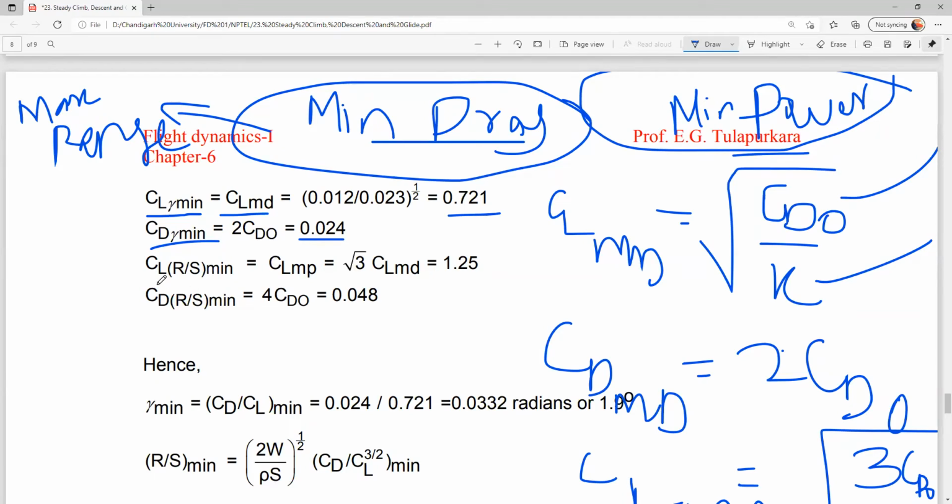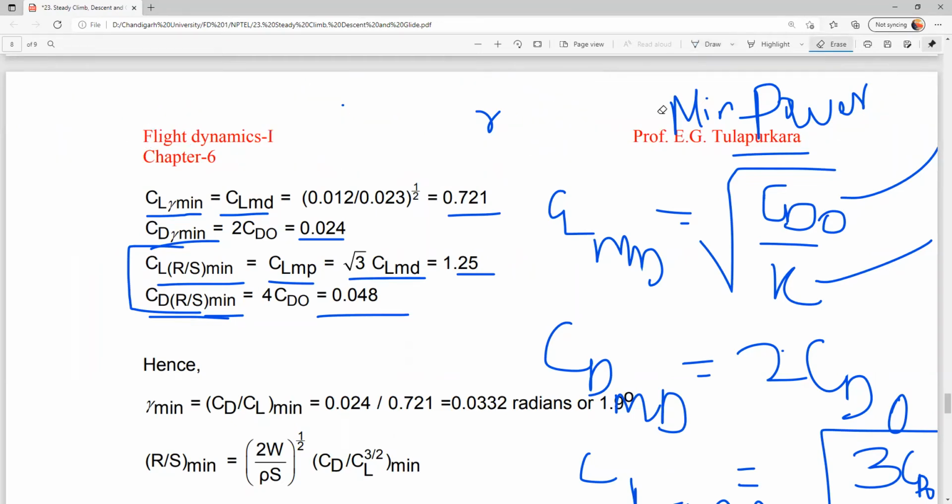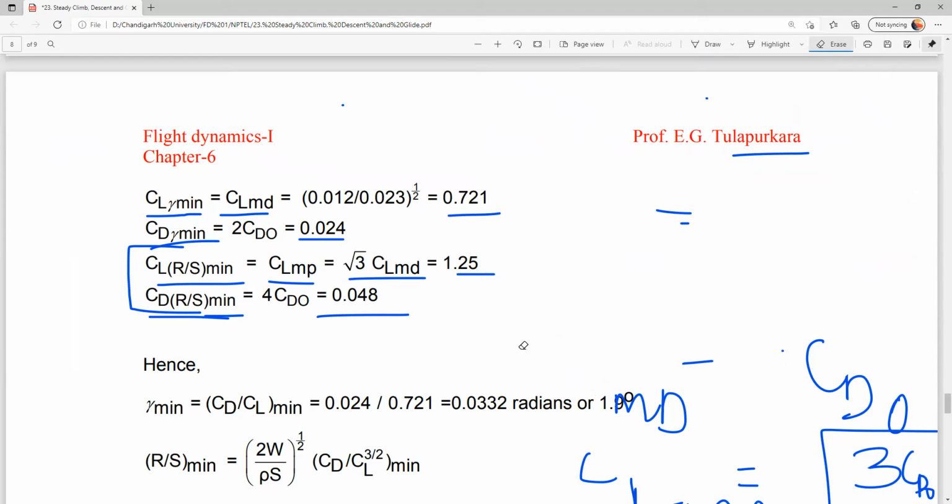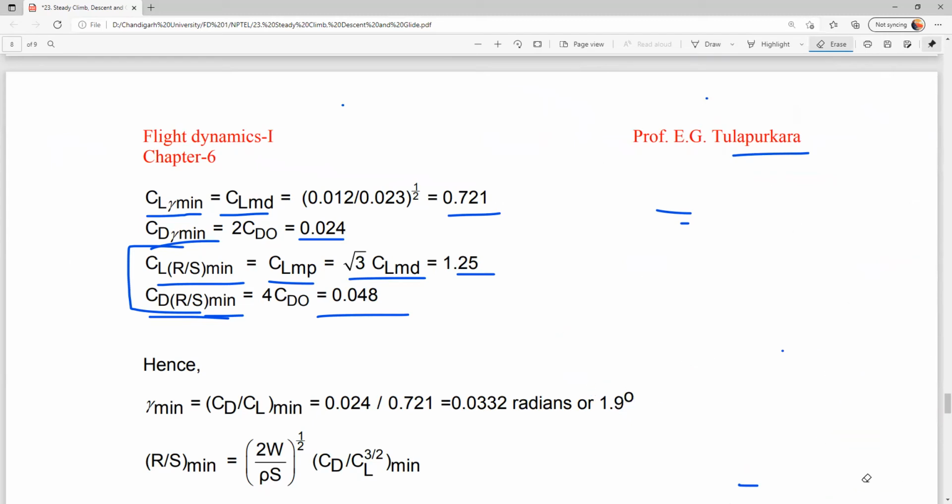So similarly, CL rate of sink minimum and CD rate of sink minimum, which means CL MP, is given with CL minimum power, and this is correspondingly given with CD minimum power. So we know the equation already and we can calculate the value.